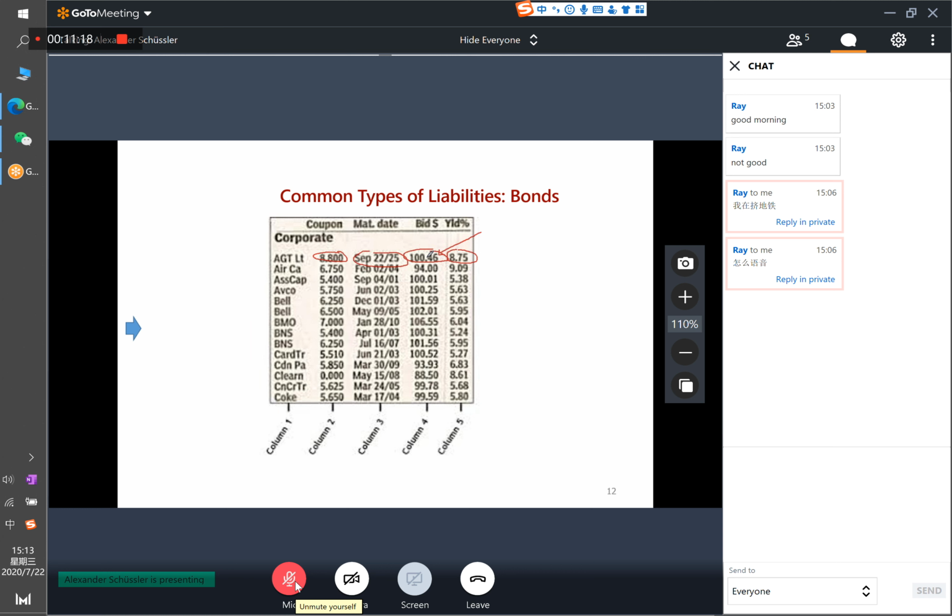On the other hand, the second bond trades at a lower price than 100, and therefore the yield is higher than the actual coupon, because you do not have to pay 100. Instead, you only have to pay 94. So that's an advantage for you, and therefore you have a higher yield.